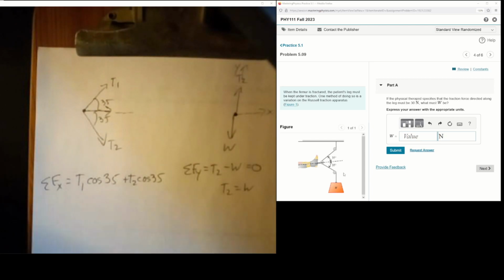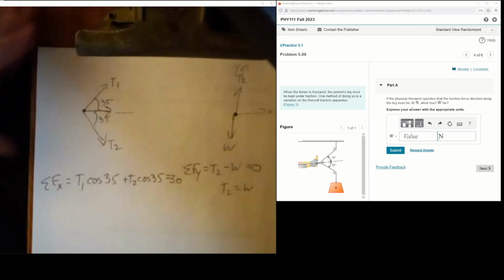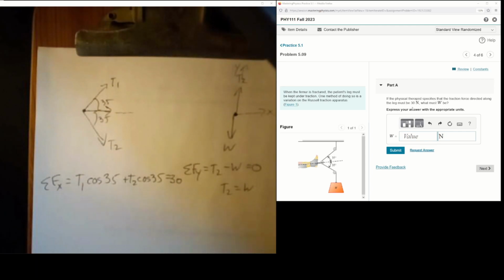And then what the problem says is that this force directed along the leg must be 30 newtons. So they're telling us this force directed along the leg, that's got to equal 30 newtons.